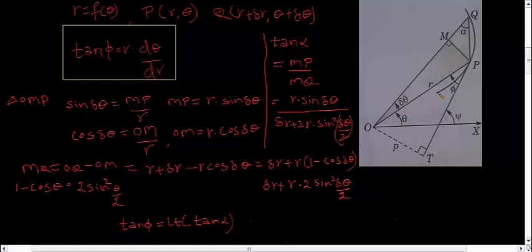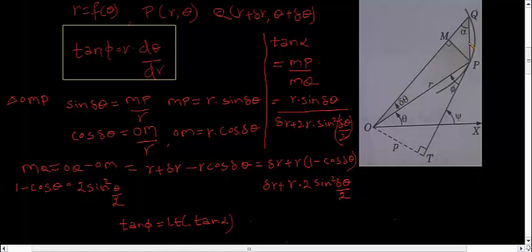So what is tan phi equal to? As Q tends to P, this angle alpha becomes phi and delta theta tends to 0. So tan phi is equal to limit of tan alpha.